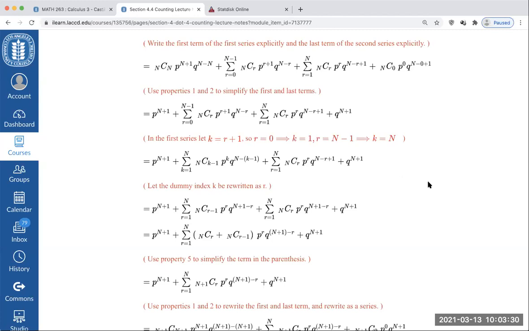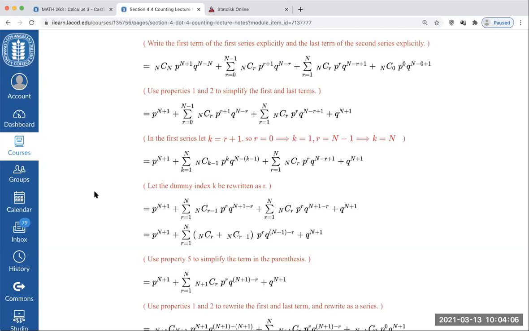This third term here remains the same, the sum R equaling 1 to capital N, capital N CR, P to the R, Q to the capital N, and I can write the plus 1 after it, and then minus R. So I just changed the order of N minus R plus 1, writing it as N plus 1 minus R. Now, I don't like K's, so I'll replace K with R.